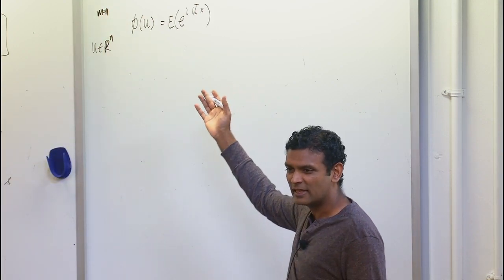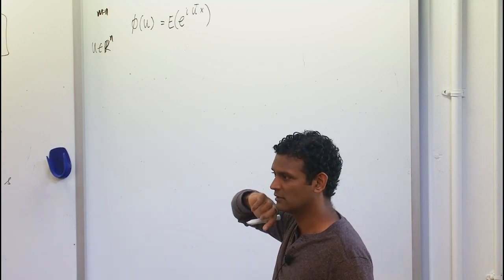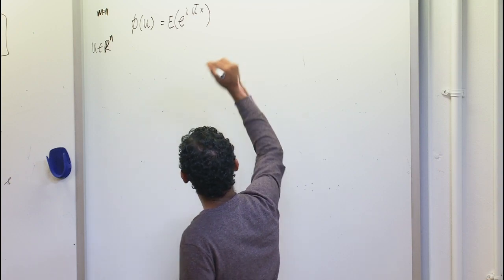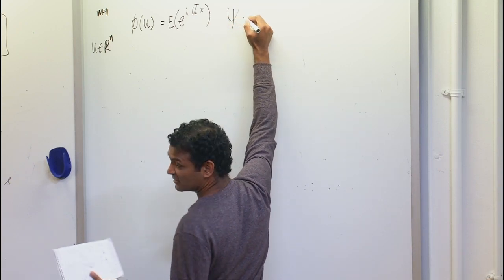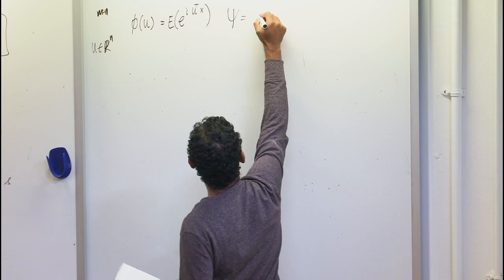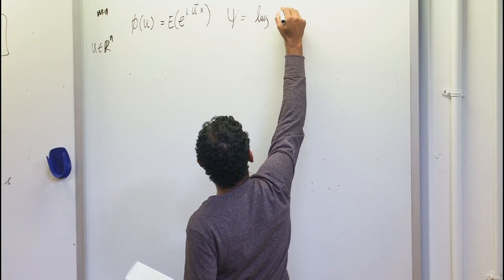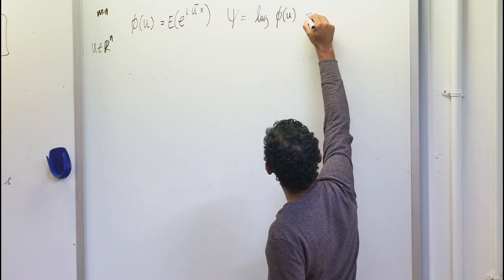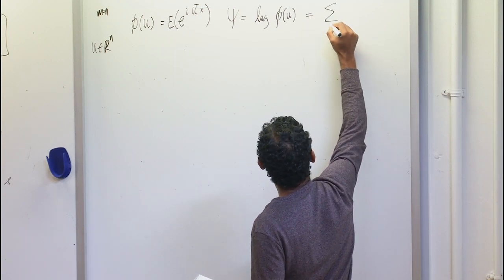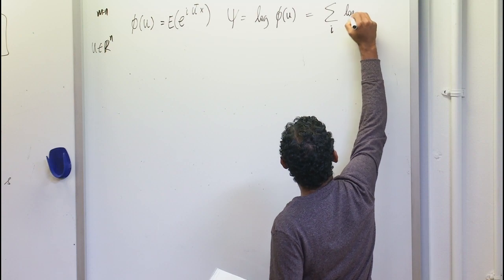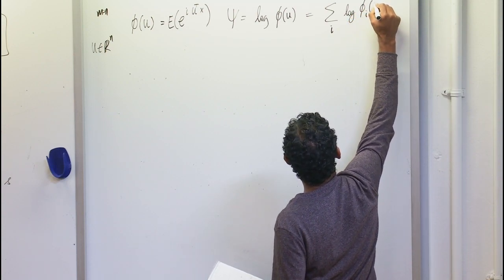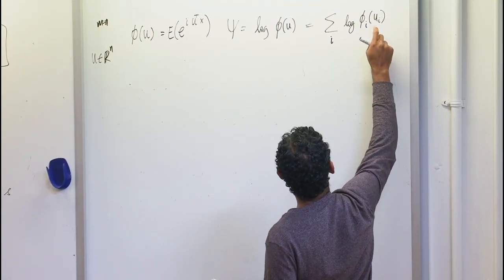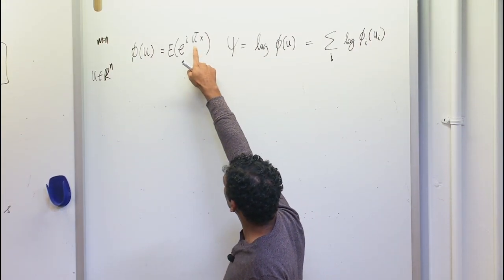So it's like the moment generating function, but it's complex. It's the characteristic function, right? And now let's look at the log of this, which of course splits into the sum here, over the ith component. And it actually splits like this because it's a product distribution on the x.